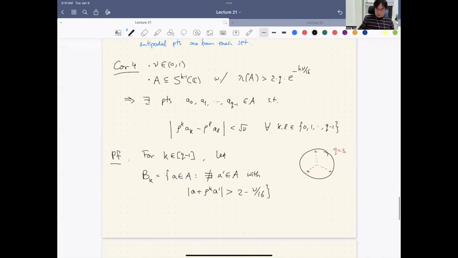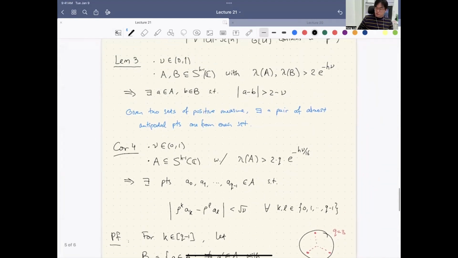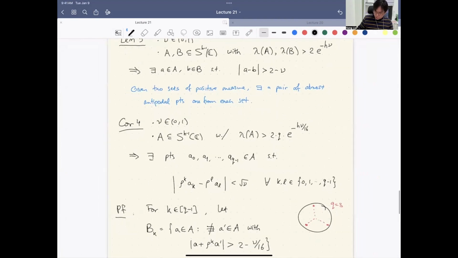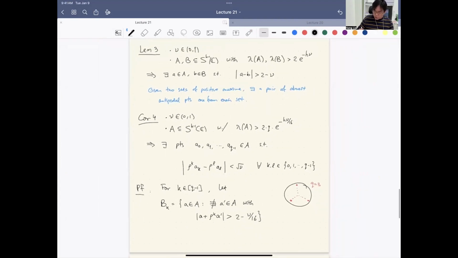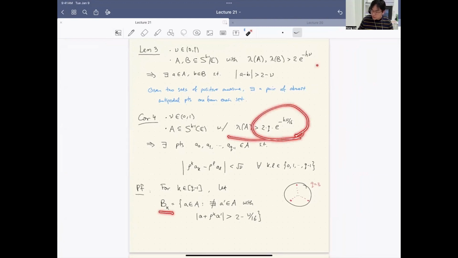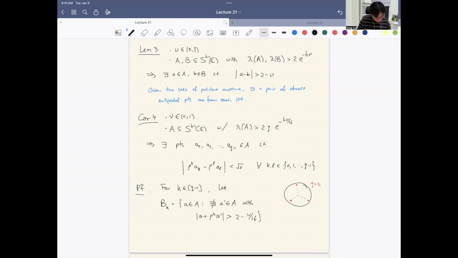This is a corollary of the bipartite version of the isodiametric inequality. The reason being, we know A has large measure. If B_k also has large measure, we satisfy the hypothesis, right? Then there exist 2 points lining up, a and negative b.